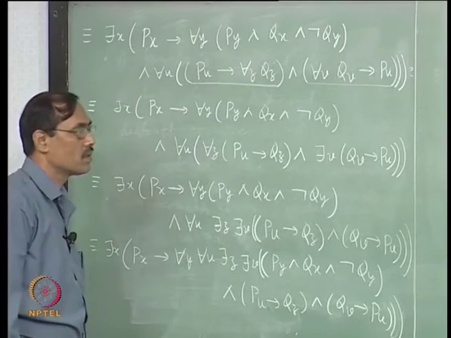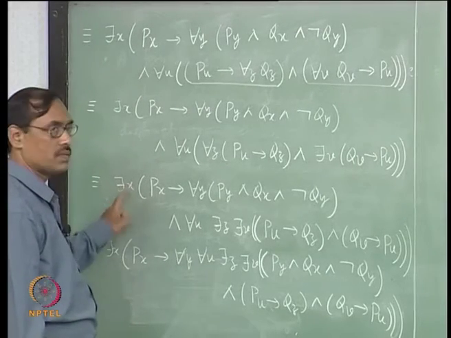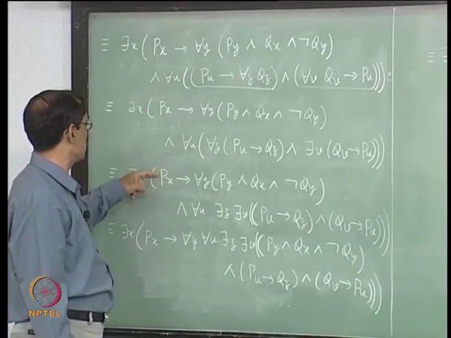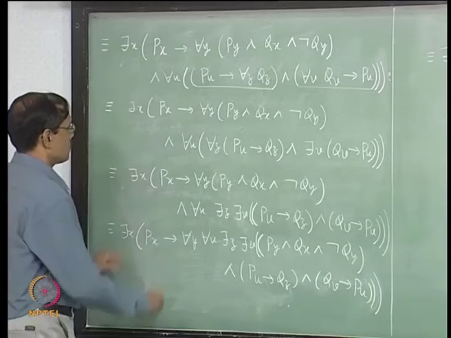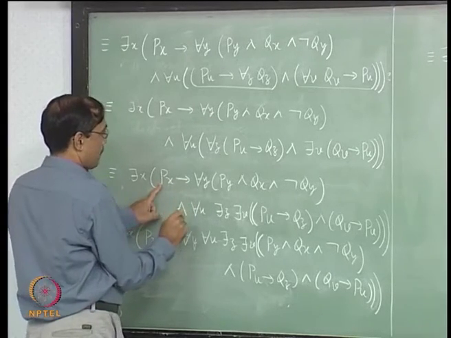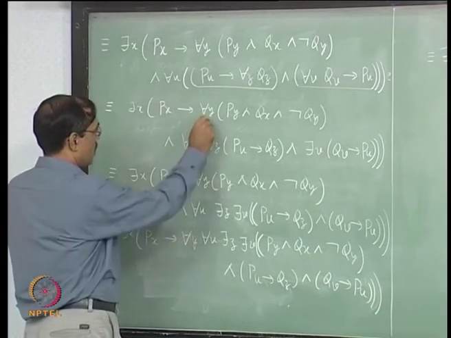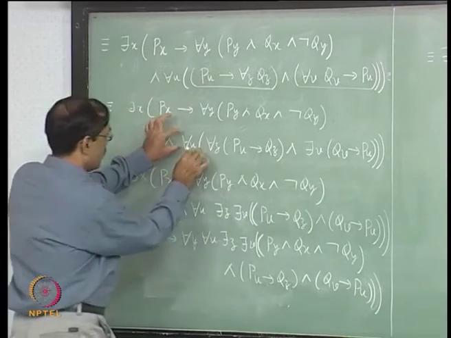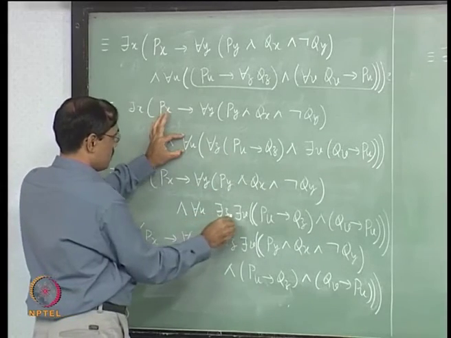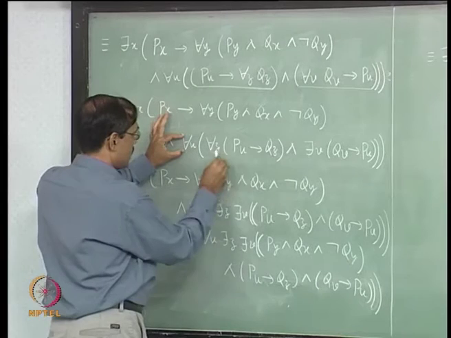Which one? This side, the last word once correct. From this to this. So, what is the change? For all y is here. For all y this part is there, now only this part we are concerned. So, now for all u there is z, okay.